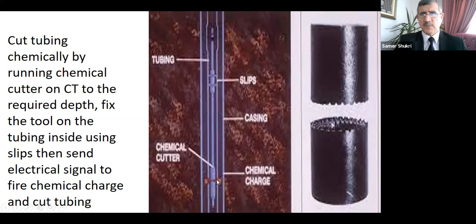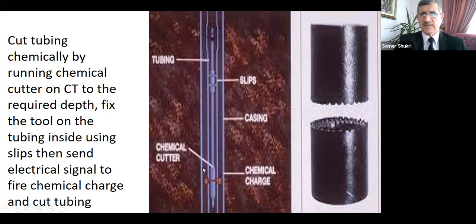We have two types of cutting, either mechanical or chemical. Here we are cutting chemically by running a chemical cutter on the coil tubing. We have to fix it before we cut, to avoid moving the tool up or down with the coil tubing, using slips.